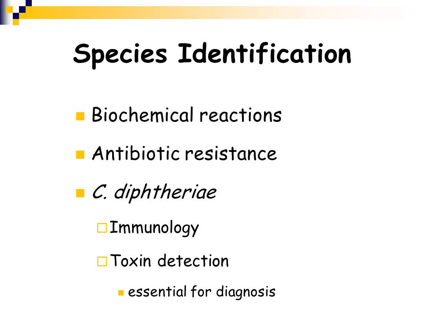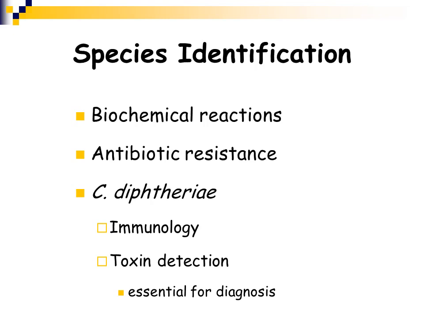To identify the species of Corynebacterium, you can do biochemical tests and you can do toxin detection, especially for organisms like Corynebacterium diphtheriae that can produce the diphtheria toxin. One key thing is if an individual has diphtheria or is suspected of having diphtheria, just because you identify a Corynebacterium diphtheriae organism, it does not mean that that individual is diagnosed with diphtheria.